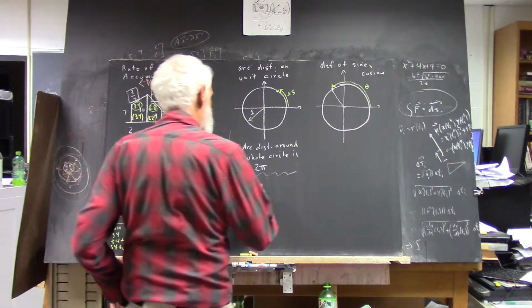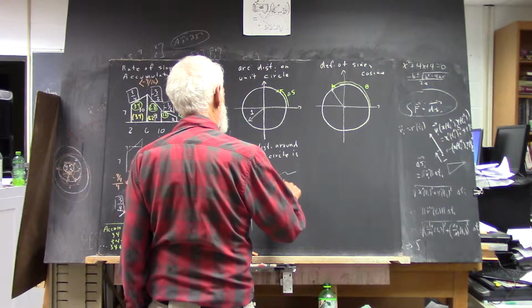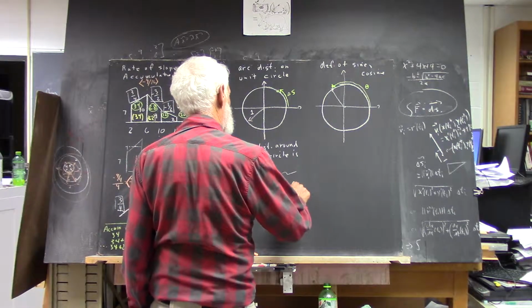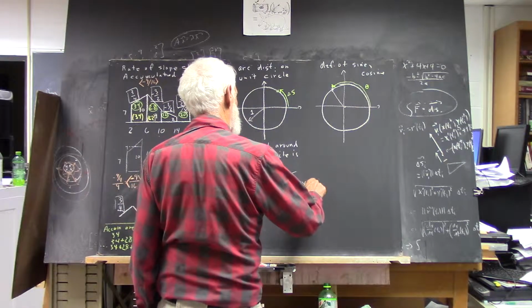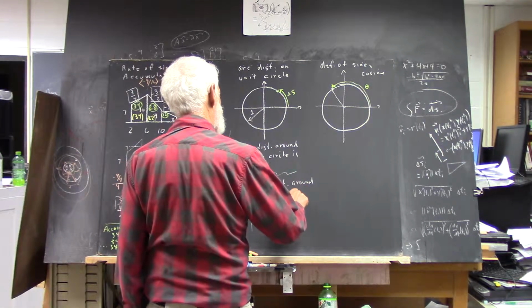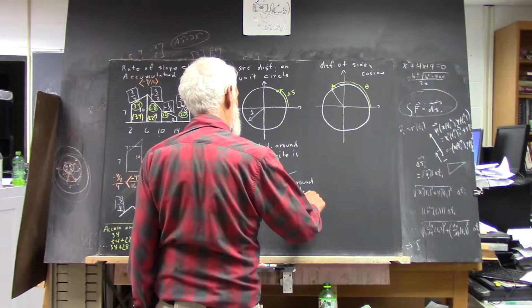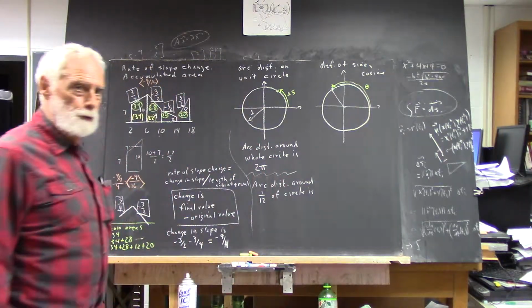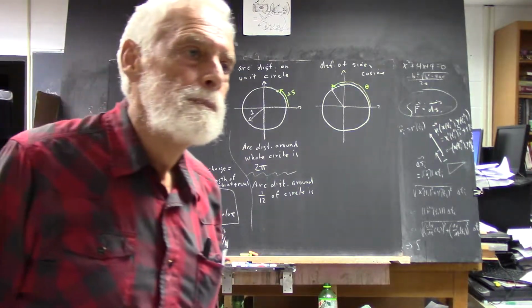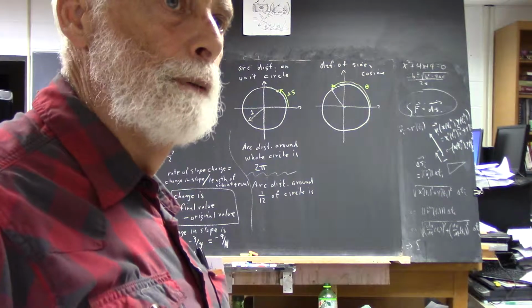What's the arc distance around 1/12 of the circle? 2 pi over 12. And that reduces to pi over 6.